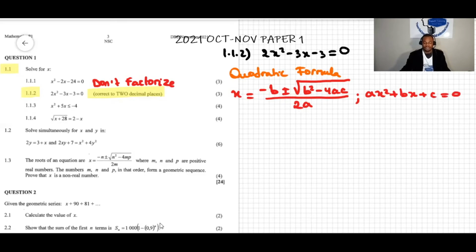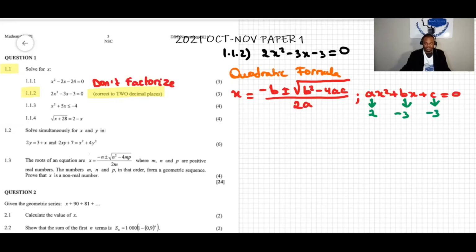Now we're going to identify the value of the coefficients a and b, and the value of the constant term c. So when we look at the equation, a is equal to 2, the coefficient of x squared, b is equal to negative 3, the coefficient of x, and c is the constant term, which is just negative 3.